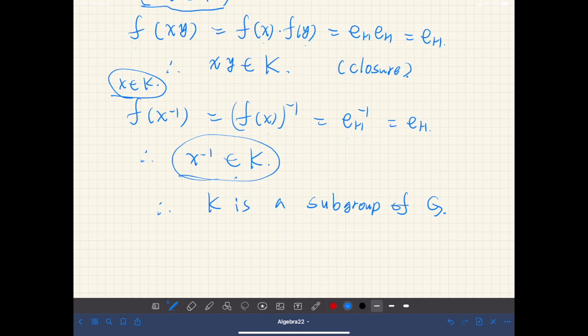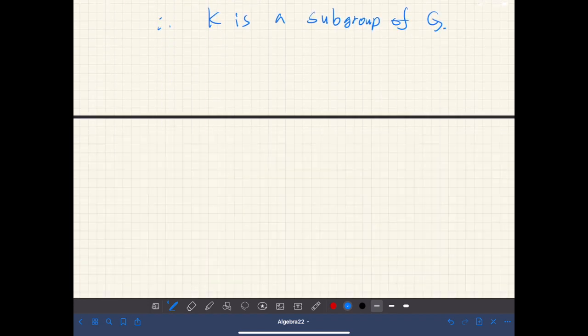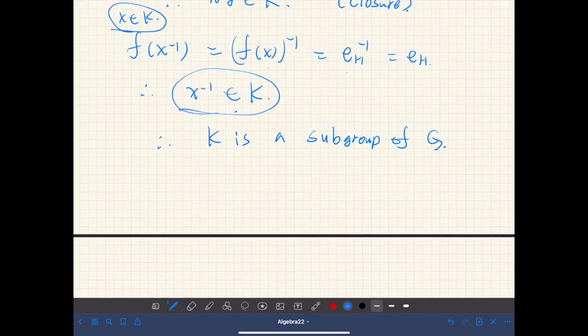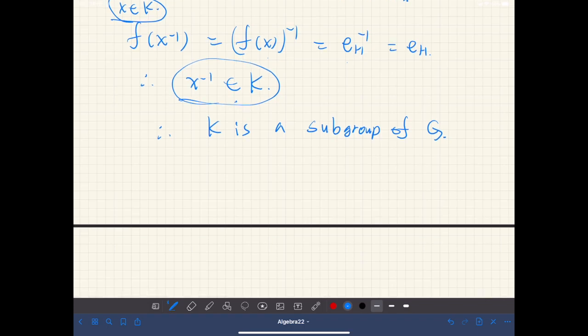Now, next we need to show that this subgroup is normal. Okay, what is a normal subgroup, by the way? You should recall the definition. So we need to show that K is normal.